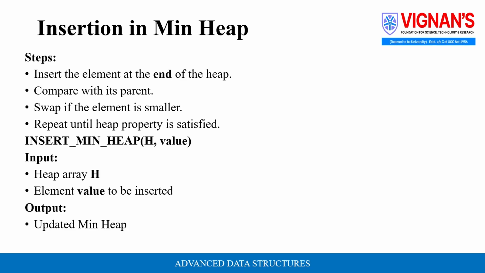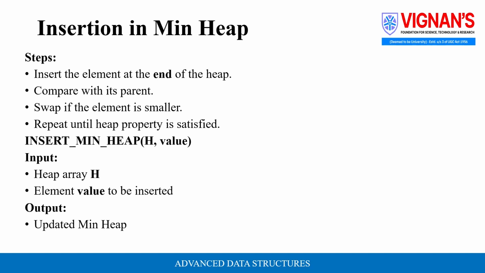This maintains the complete binary tree structure. Next, compare the inserted element with its parent. If the new element is smaller than its parent, swap the two elements. Continue comparing and swapping the element with its parent until the min heap property is satisfied. That is, the parent is less than or equal to the child.